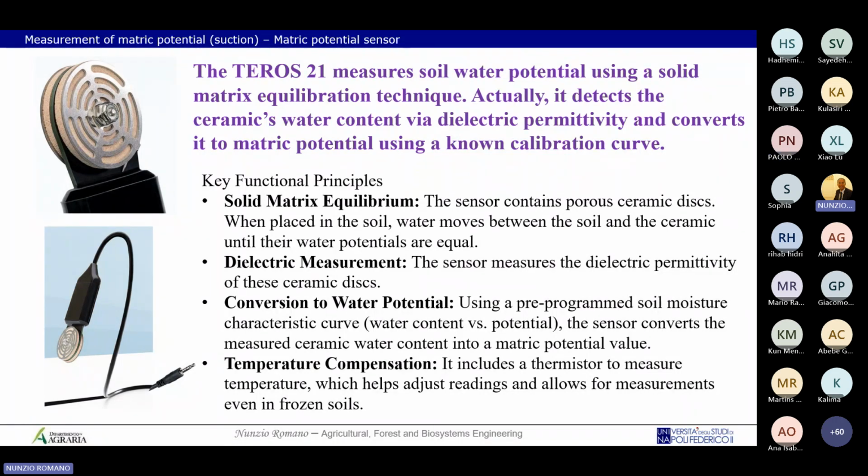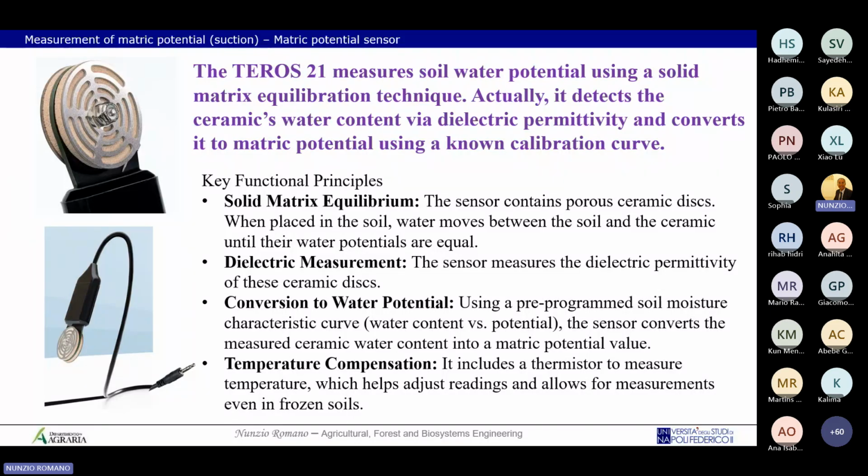This is why the previous lecture that we had 2 days ago about dielectric permittivity is very important for you, because most soil sensors make measurements relying on dielectric permittivity.